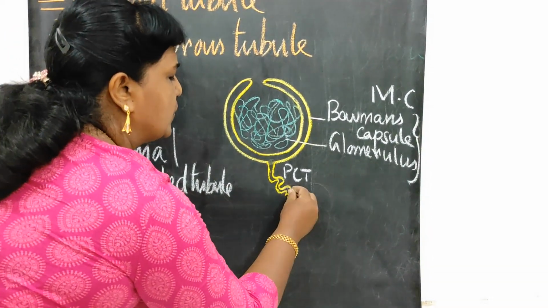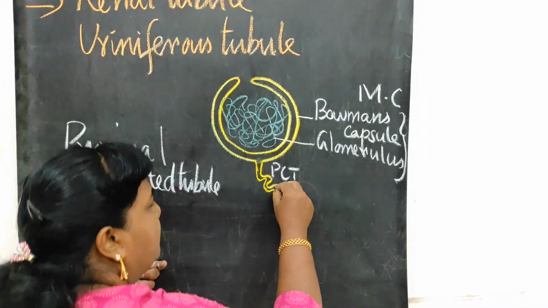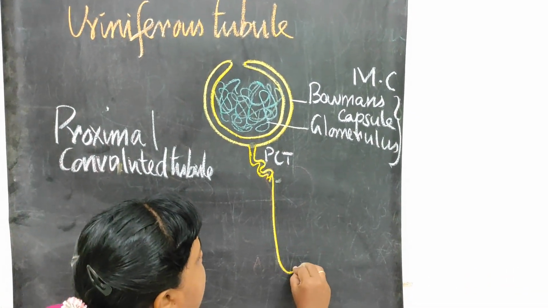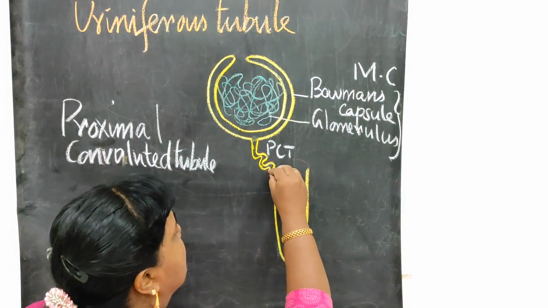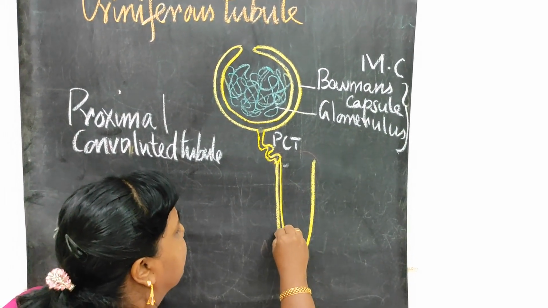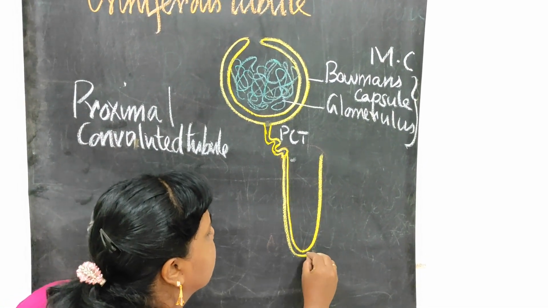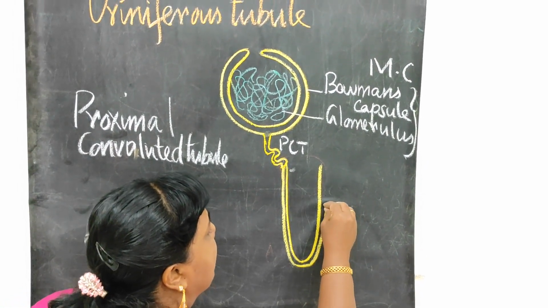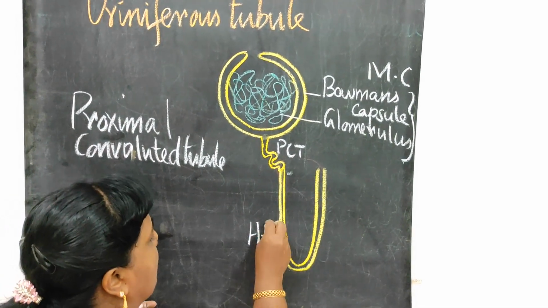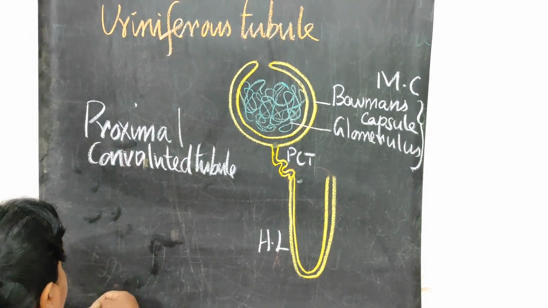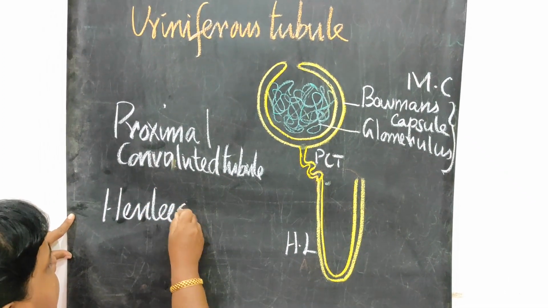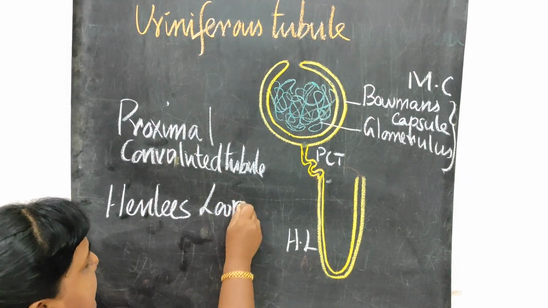Then it leads into a U-shaped structure called Henle's loop. This proximal convoluted tubule leads into a U-shaped structure called Henle's loop. So this is Henle's loop, or loop of Henle.